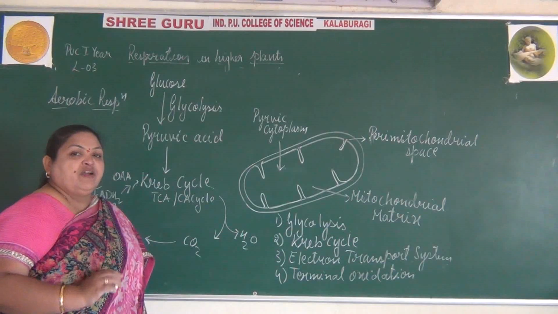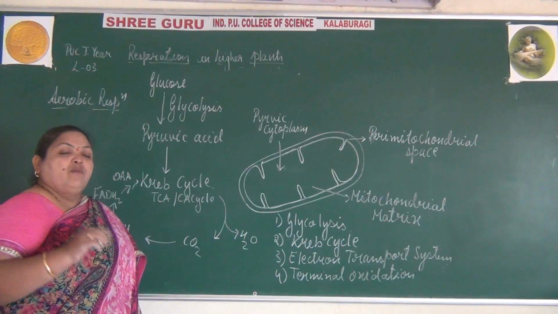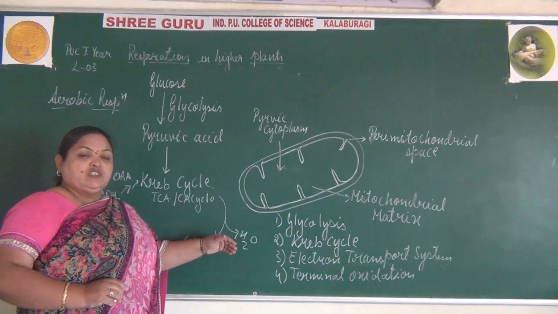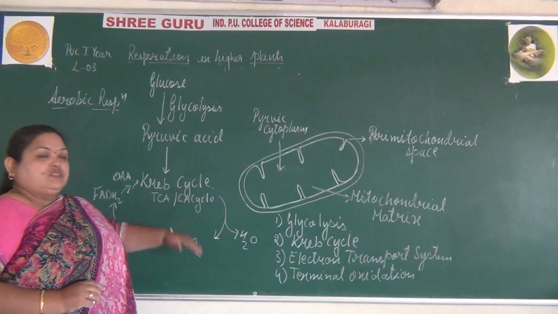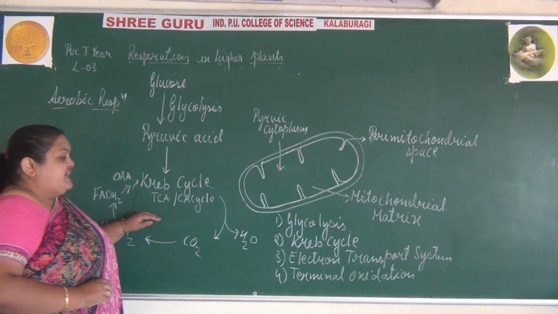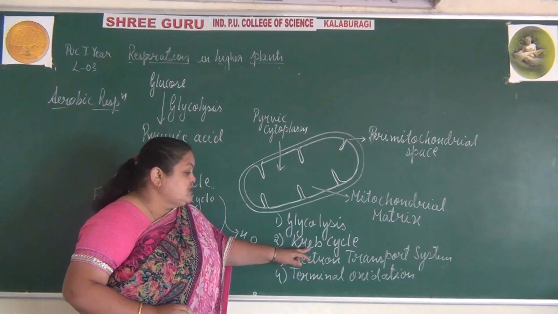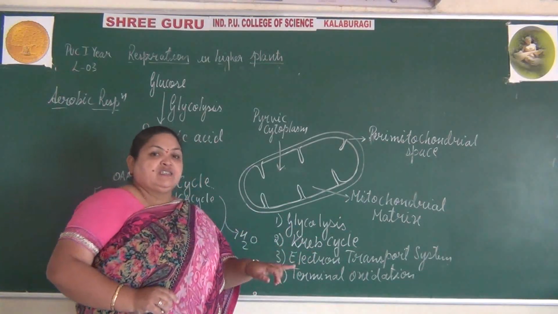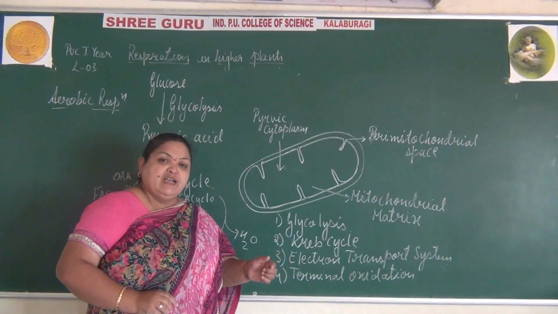And why is this respiration called an amphibolic process? So remember, in aerobic respiration there are 4 steps. The pyruvic acid forms the connecting link between the glycolysis and the Krebs cycle. The products of the Krebs cycle are citric acid, alpha ketoglutaric acid, succinic acid, malic acid and oxaloacetic acid.